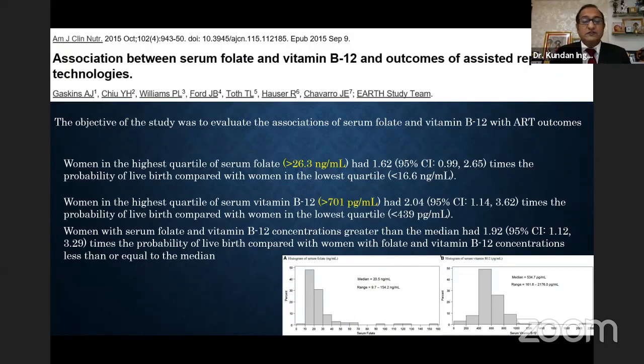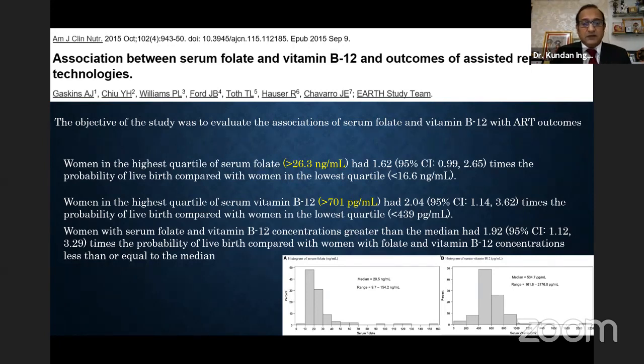Now, nutritional supplements play a very, very important role. There was a study in 2015 showing that if the patient has a serum folic acid level beyond 26.3 nanogram per ml, or serum vitamin B12 more than 701 picogram per ml, then it is associated with a higher probability of live birth in comparison with women with these concentrations less than or equal to the median.